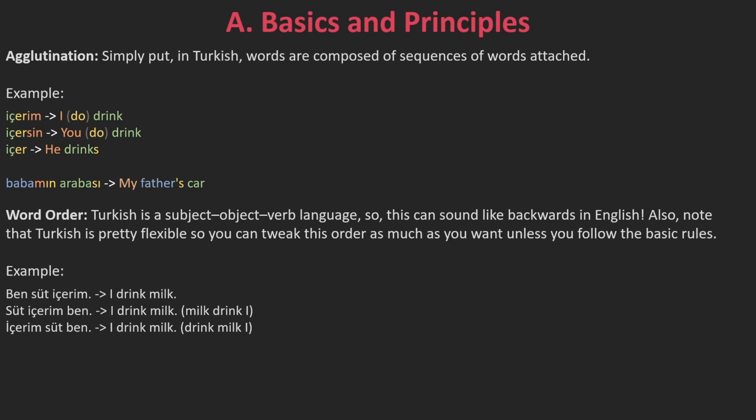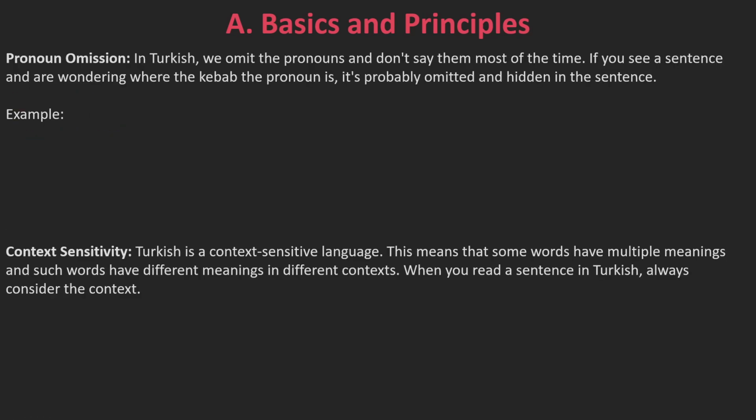You can switch the words around in the sentence. Sometimes you can say içerim süt ben. You can literally put the verb first, like drink milk I. Or süt içerim ben, literally milk drink I. So it is pretty flexible. It all depends on you and how you want to emphasize your sentence.